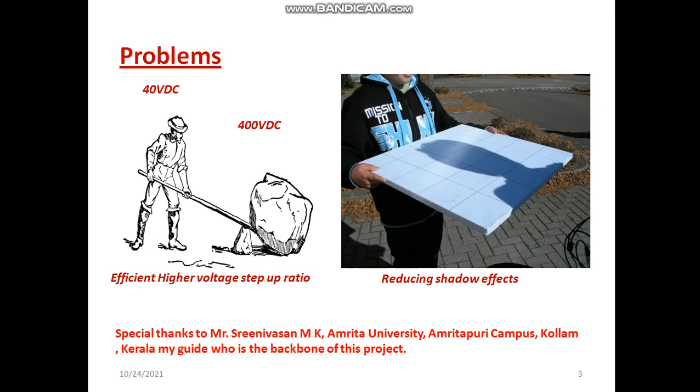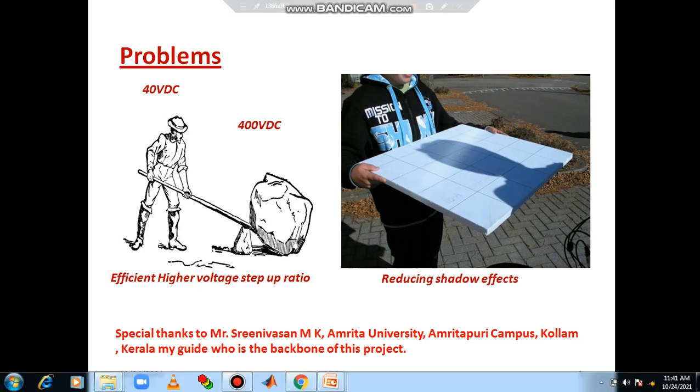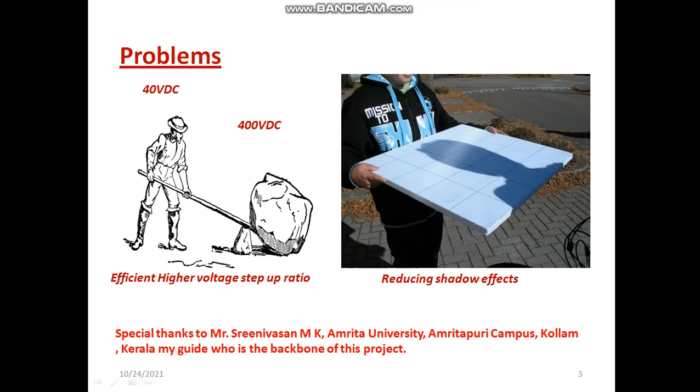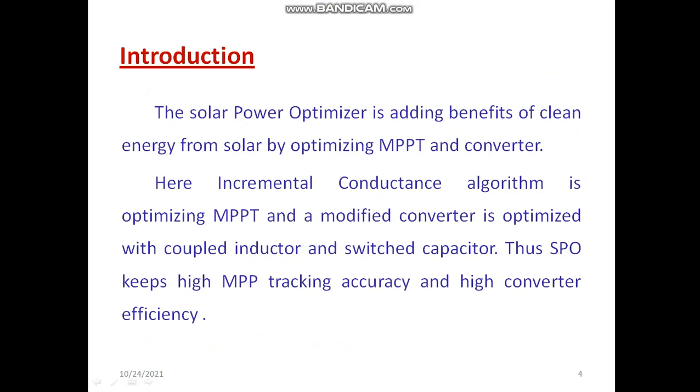Definitely the shading effect brings down the efficiency of the solar panel. That is another issue of the SPV system. So these are the problem definitions I have identified. Likewise, you can identify many problem definitions and come up with a certain project. Now let me discuss what I have done exactly.